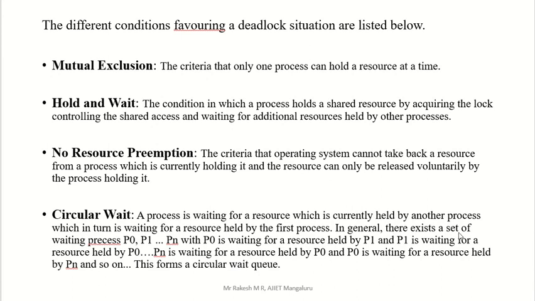In general, there exists a set of waiting processes P0, P1, ..., Pn, with P0 waiting for a resource held by P1, and P1 waiting for a resource held by P2, and so on, until Pn is waiting for a resource held by P0. This forms a circular wait queue.